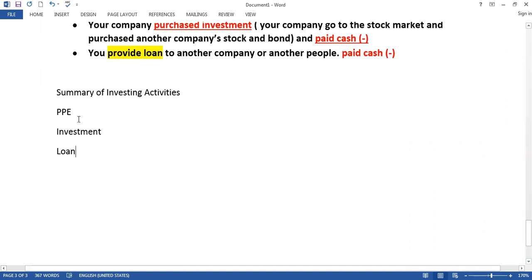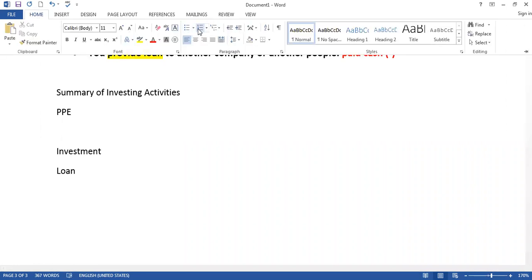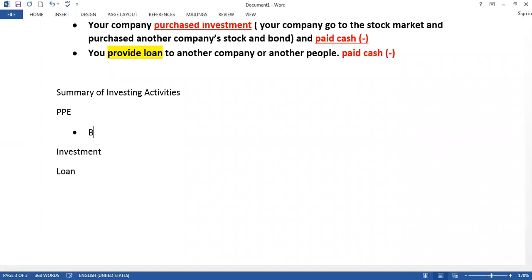So three components here. Now for the property, plant, and equipment, we have two groups here. Something like buy PPE and sell PPE.